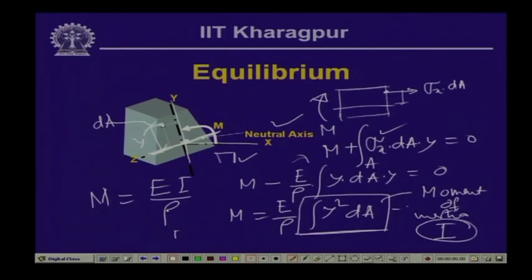Now, we have already observed the relationship between the stress and rho, sigma is equal to minus E y by rho. So, from this we can say that sigma by y is equal to E by rho.